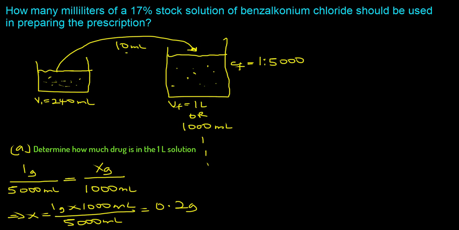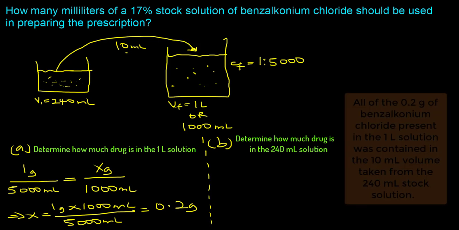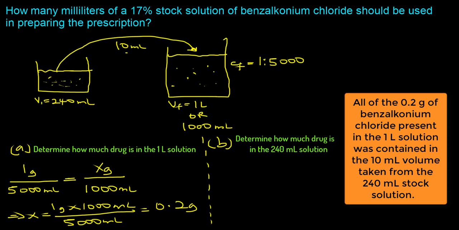Now our next step is to determine how much drug is in the 240 milliliter solution. Now it's important to recall that all of the 0.2 grams of benzalkonium chloride that is present in the 1 liter solution actually was contained in the 10 milliliter volume that was taken from the 240 milliliter stock solution.